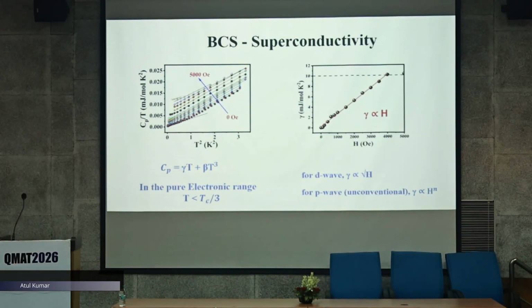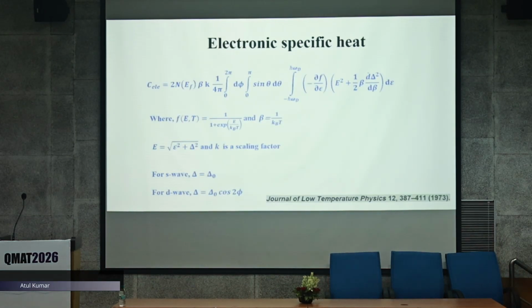What we found is that gamma varies linearly with the field. Again, it is a fingerprint of fully gapped superconductivity. We also checked for the existence of nodal points or nodes, but we didn't find any. Then we calculated the electronic part of the specific heat.